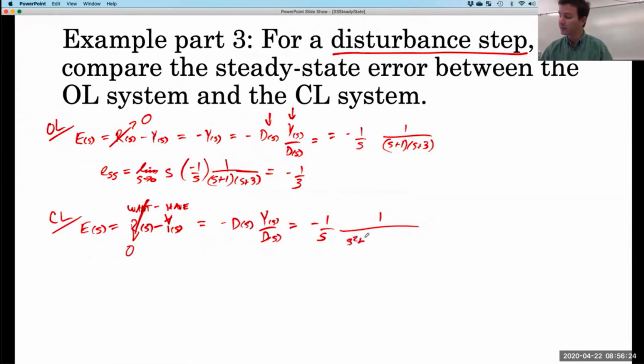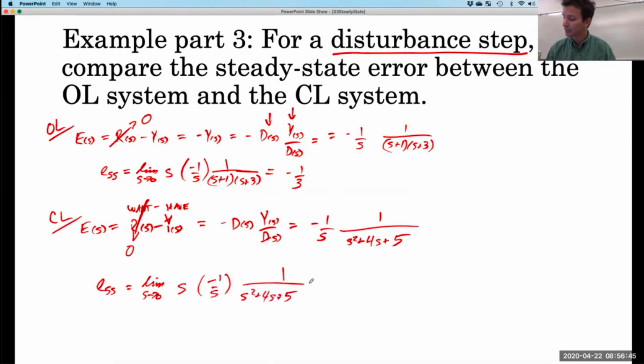This is from 2 slides ago, the transfer function from d to y in the closed loop system. So error steady state now, again, is final value theorem applied to that signal. Which ends up being -1/5.